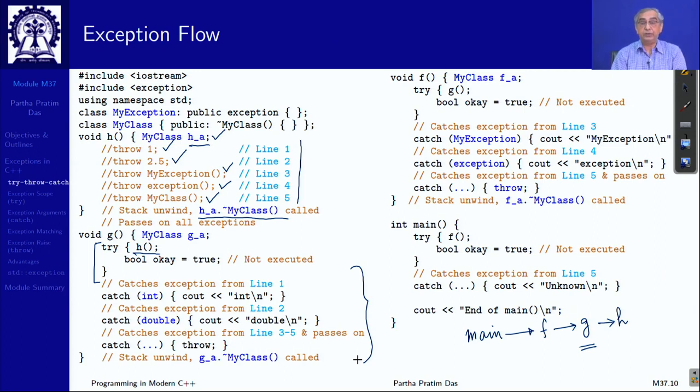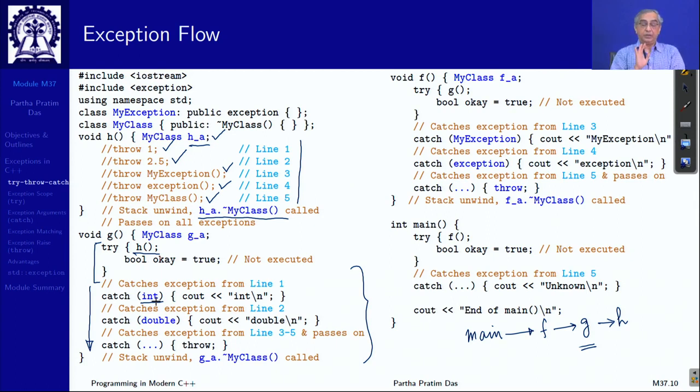These are alternates to check what type of exception object has actually come, and they are tried out, not executed, they are tried out in this order. You first try to match the first catch clause. If it matches the type of the object thrown by the callee, that catch clause catches that exception, and the rest of the clauses are skipped.